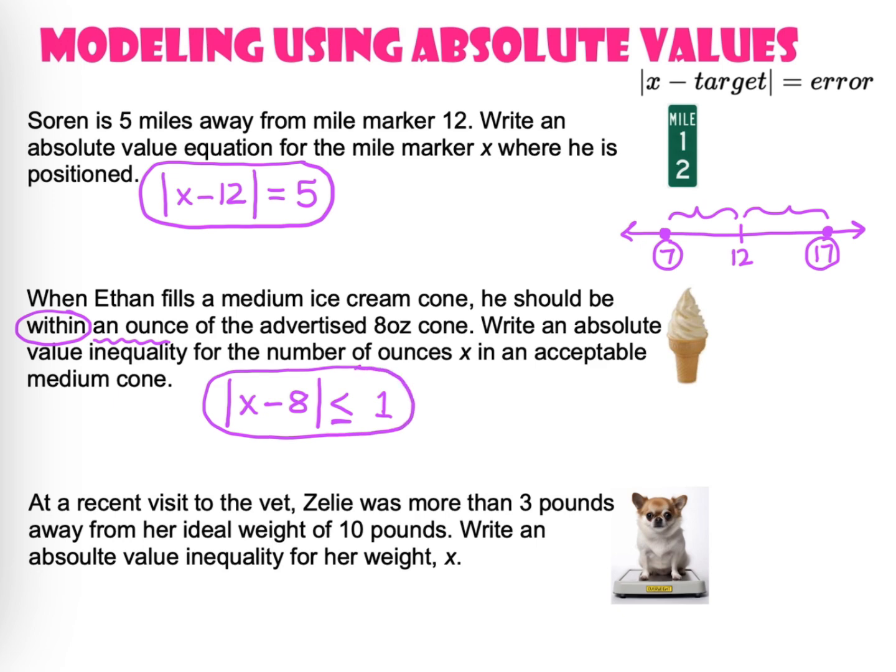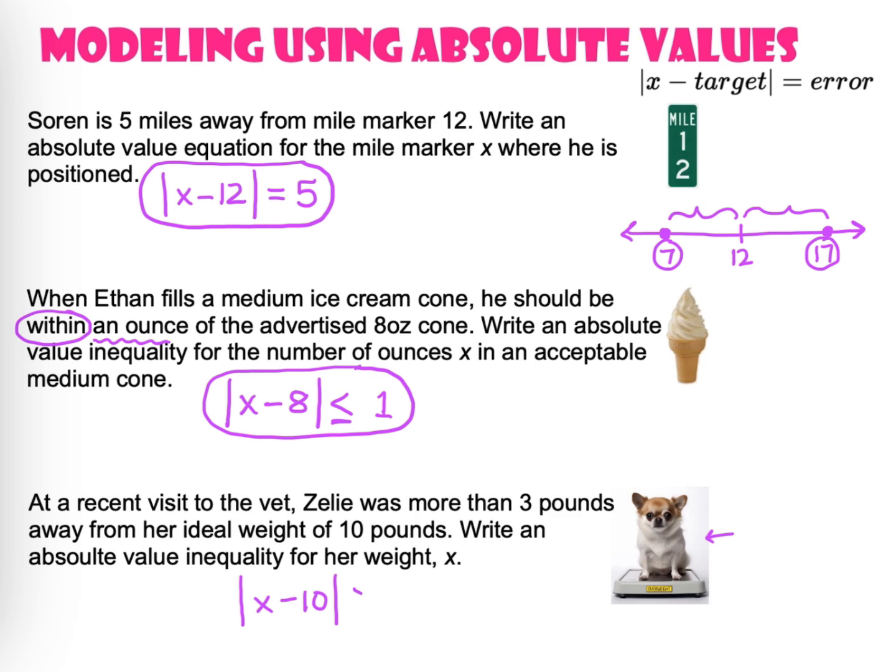At a recent visit to the vet, Zelie was more than 3 pounds away from her ideal weight of 10 pounds. So the target was 10 pounds, and she was more than 3 pounds away. So most people would assume that means she's heavier. I think this picture is indicating an above by 3 pounds, but it says more than 3 pounds. So it could be that she's super skinny too.